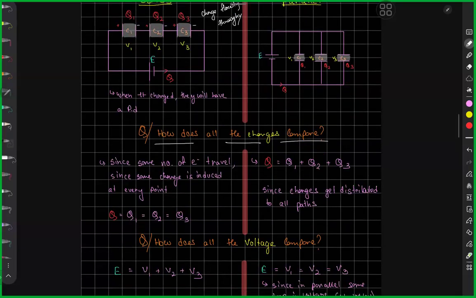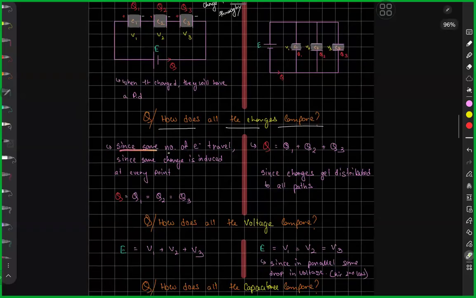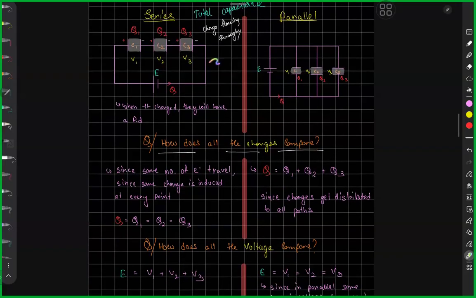So, since the same number of electrons travel, the same amount of charge is induced at each of these plates. You may be questioning me right now: how is it that the same number of electrons pass through if they can't pass through?